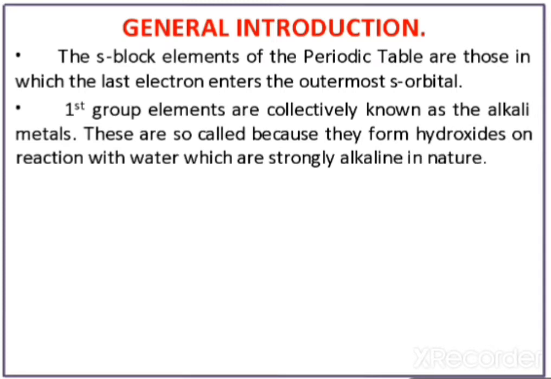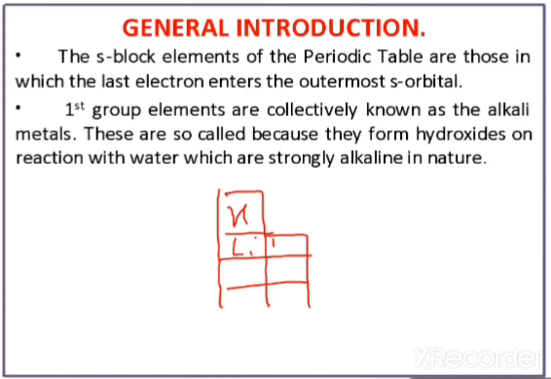First group elements are collectively known as the alkali metals. What is first group? In the periodic table, you have seen the first column, second column, like that. Here is hydrogen, lithium, beryllium, then sodium, then magnesium, and so on. Lithium configuration is 1s2 2s1.